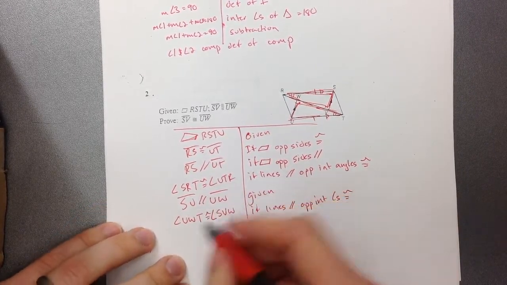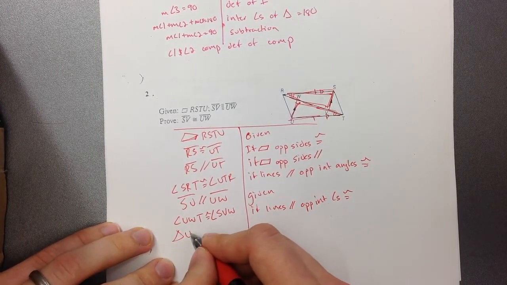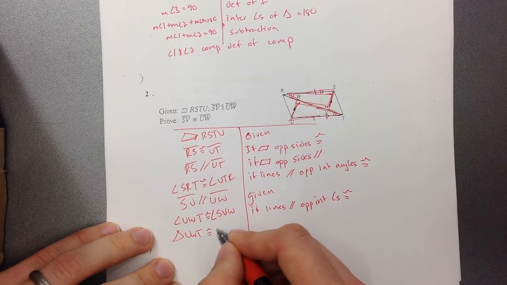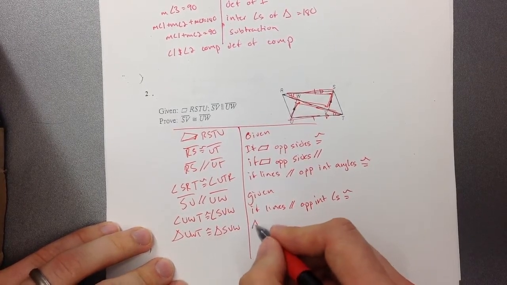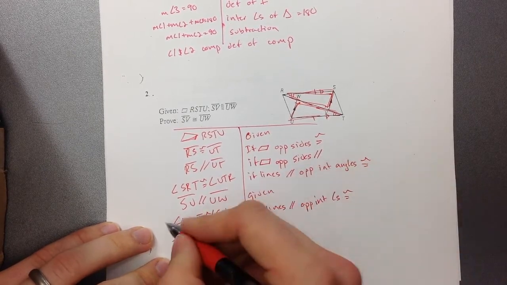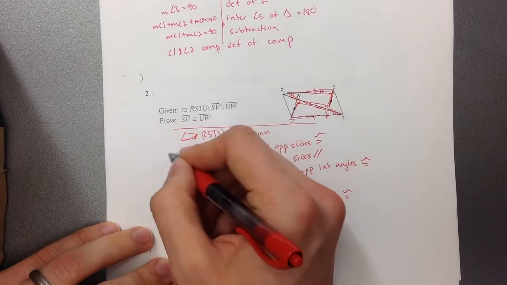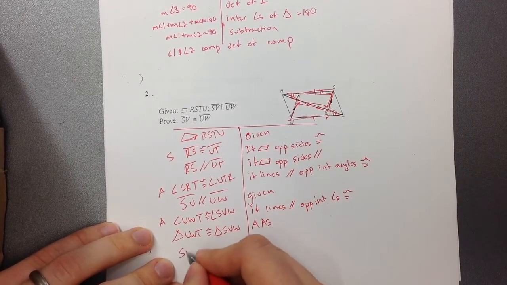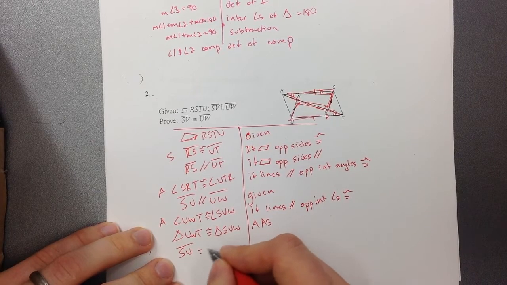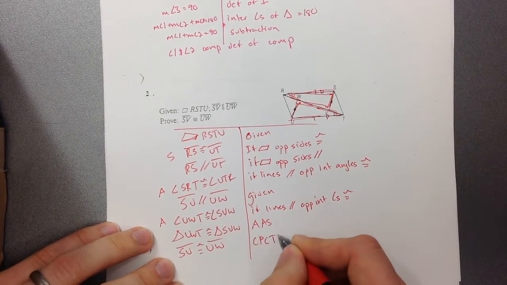And then I'm going to get my two triangles to be congruent. So triangle UWT is congruent to triangle SVW. And that's AAS. Here's one angle, here's my other angle, and there's my side. And then once I have that, I can grab what I wanted in the first place. SV is congruent to UW, CPCTC.